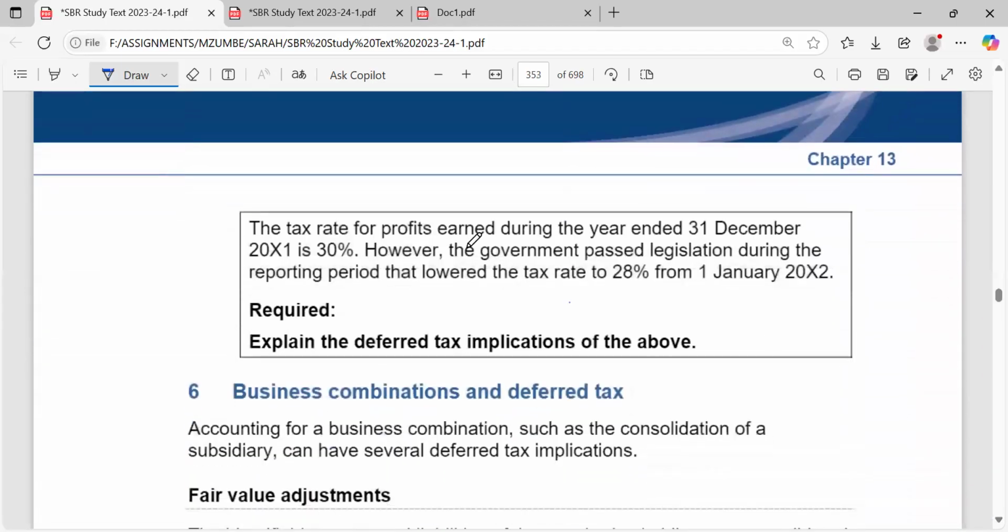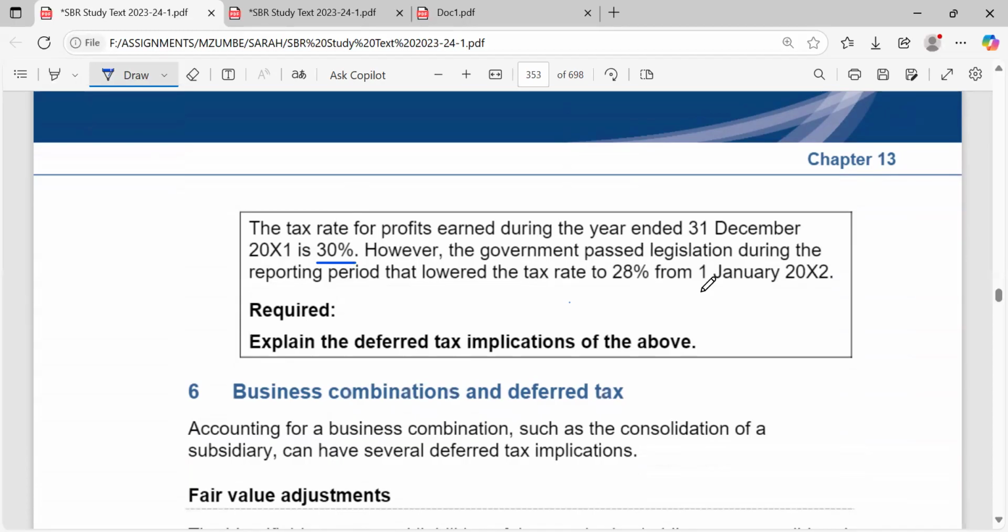Explanations go on and say the tax rate for profits earned during the year ended 31st December 2021 is 30%. However, the government passed legislation during the reporting period that lowered the tax rate to 28% from 1st January 2022. Explain the deferred tax implications of the above.